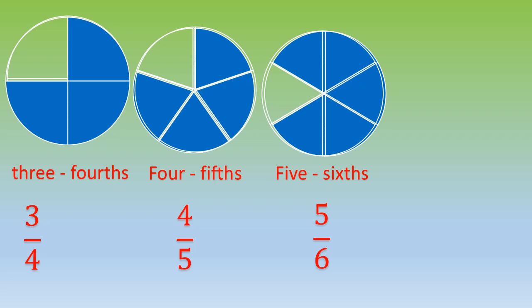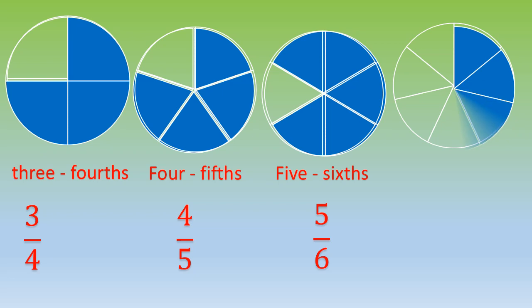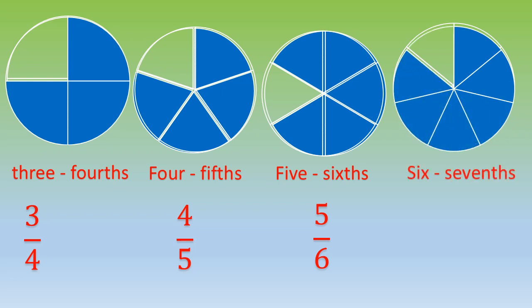In the next example, we divide it into 7 parts and now we are taking 6 parts. It will be 6/7. Again we divide it into 8 parts and we have taken 7 parts, which is 7/8.